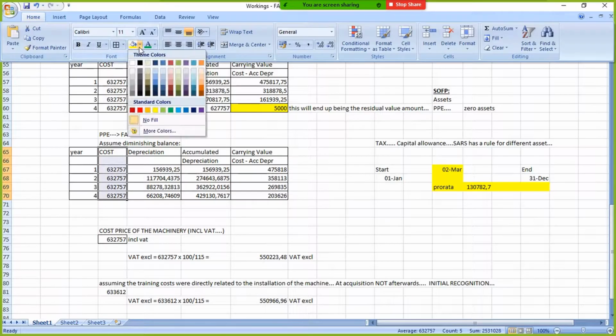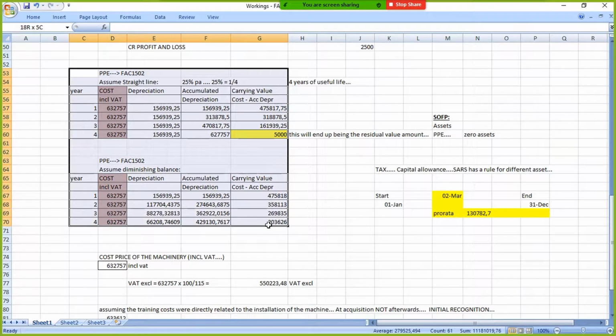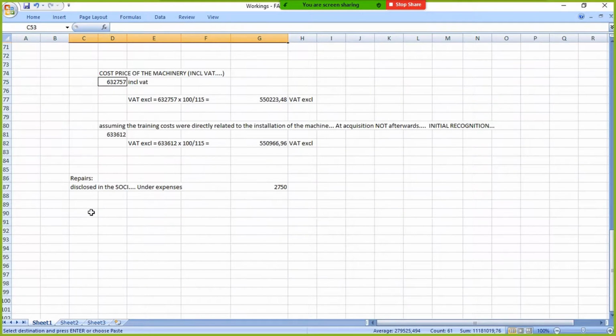Remember, we didn't know about the VAT until we looked at the solution. This was including VAT. After we looked at the solution, we saw that they gave us inclusive amounts, then we had to take out the VAT. I can create more tables for you if you want to know what this would have looked like without VAT.